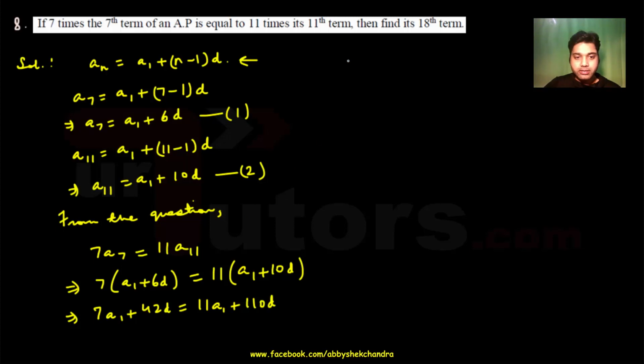Let's continue this side. So let's take all the terms on one side. This means 11a1 minus 7a1 plus 110d minus 42d is equal to 0. What I did was I shifted both these terms from LHS to RHS.